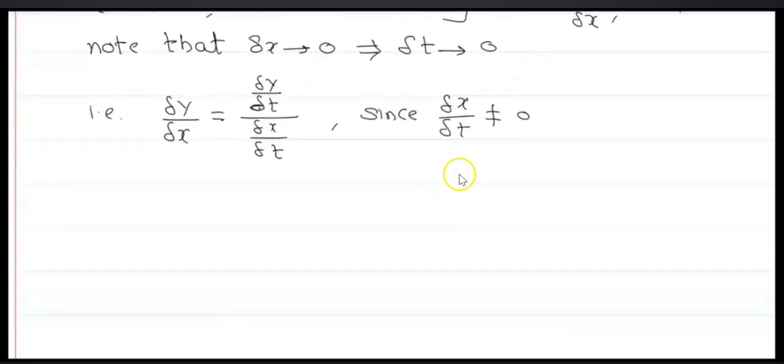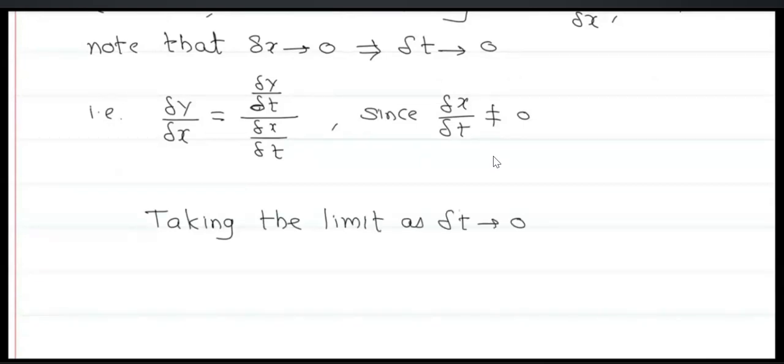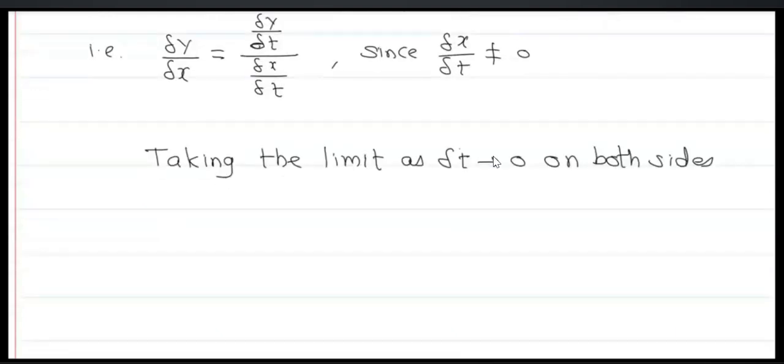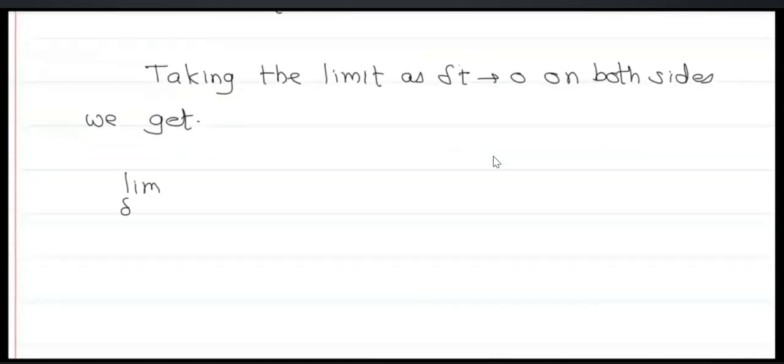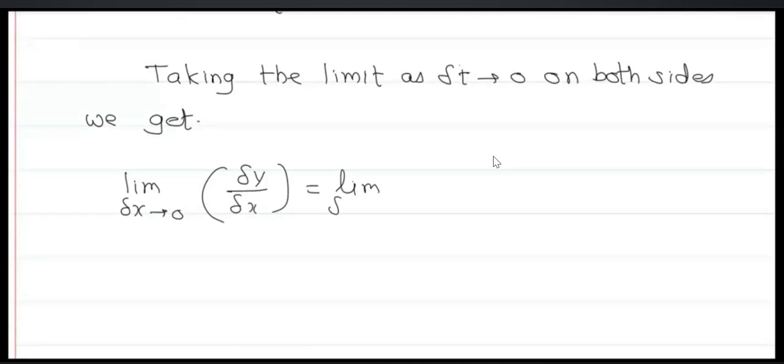Since delta x upon delta t is not equal to 0, taking the limit as delta t tends to 0 on both sides, we get limit delta x tends to 0 of delta y upon delta x is equal to limit delta t tends to 0 of delta y upon delta t upon delta x upon delta t.